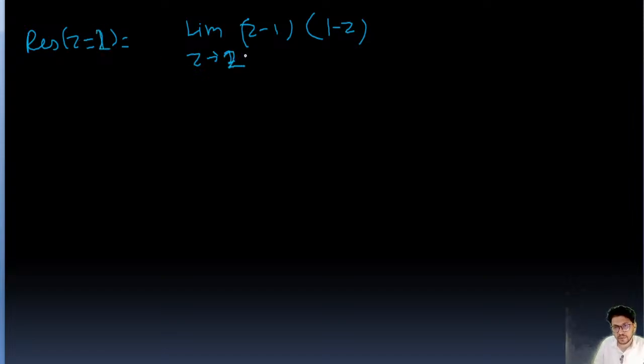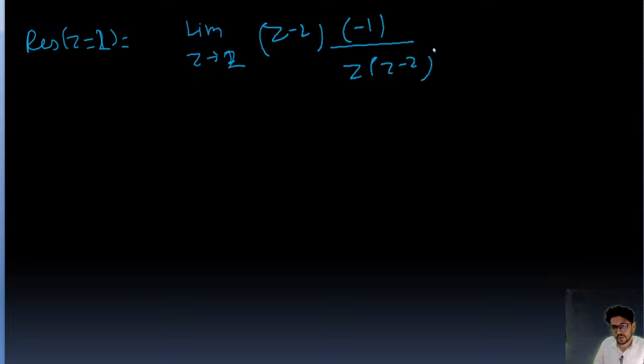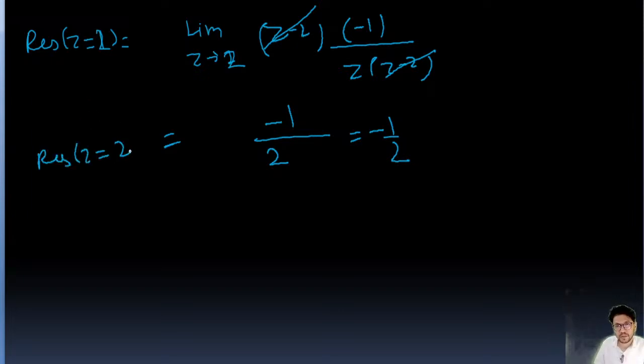This is going to be (z minus 2) into minus 1 upon z into (z minus 2). z minus 2 will get cancelled, we'll put z equal to 2, so this is minus 1 by 2. So the residue at z equal to 2 is minus 1 by 2.